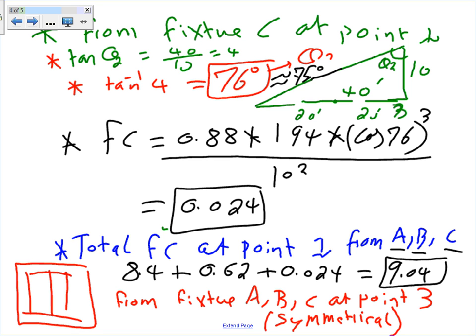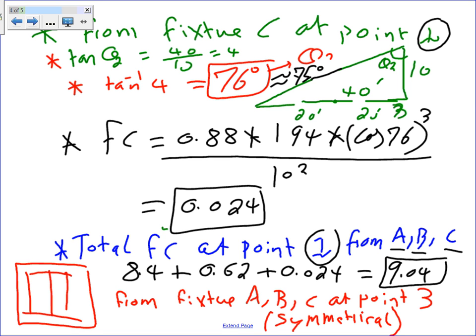Not a whole lot of contribution added from the other fixtures. For all practical reasons, from these 0.62 and 0.024, we could have ignored them and still gotten close to the value. Any questions about this? That's the foot candle at point 1, all the contribution at point 1 from A, B, and C.